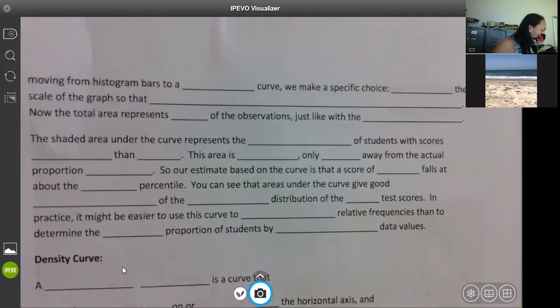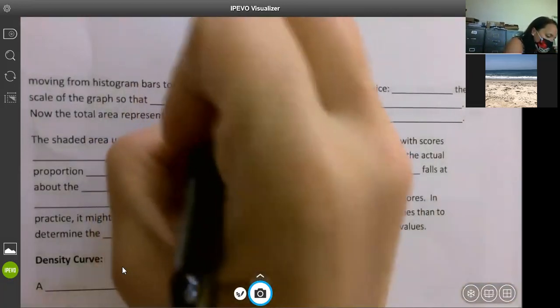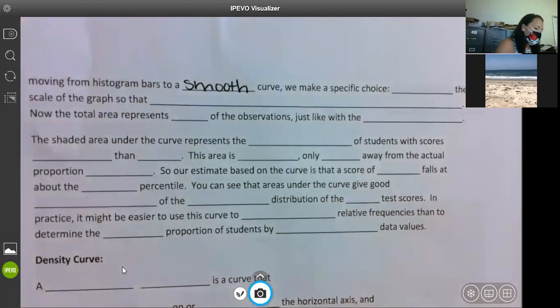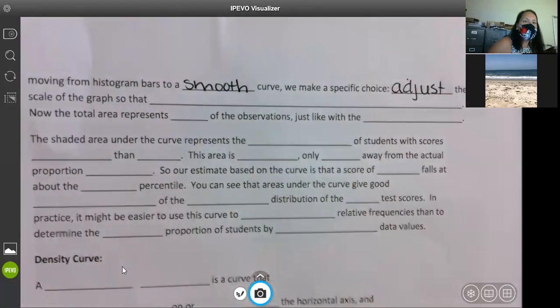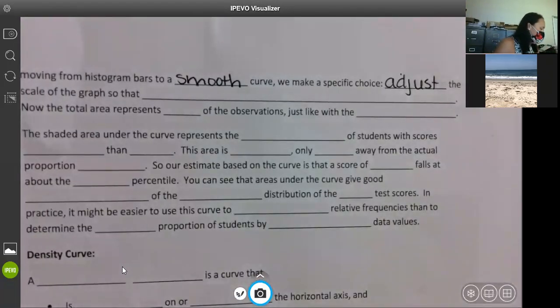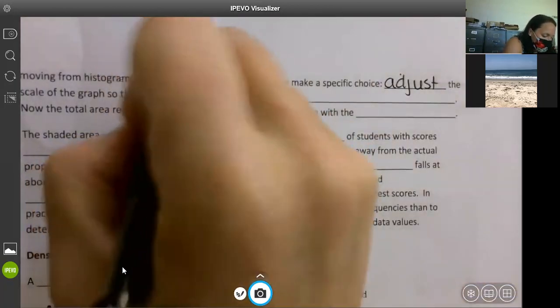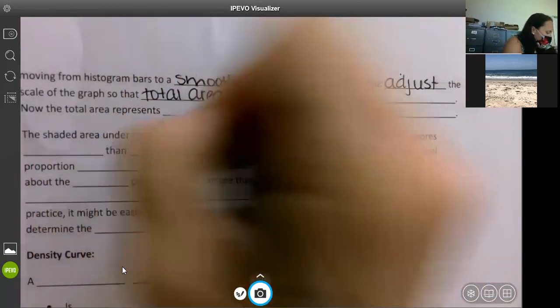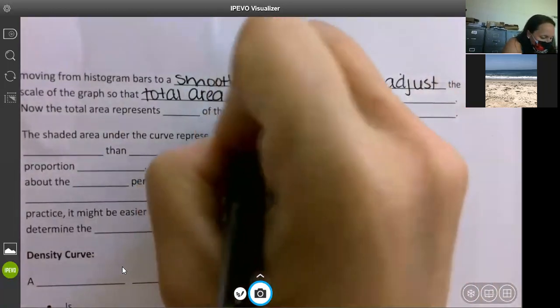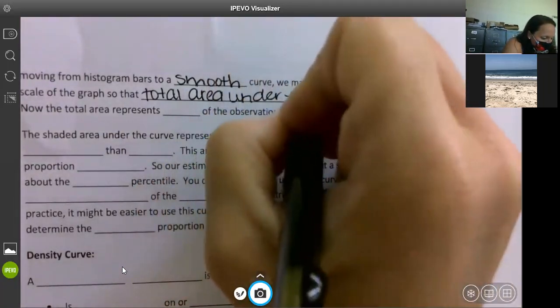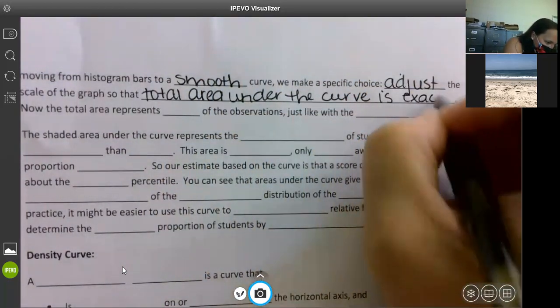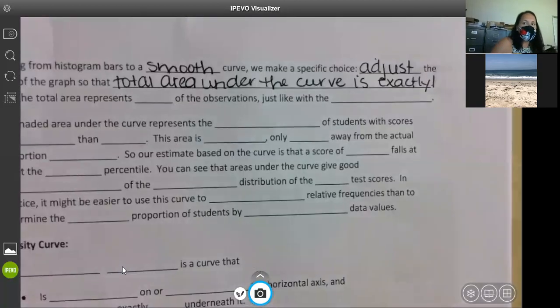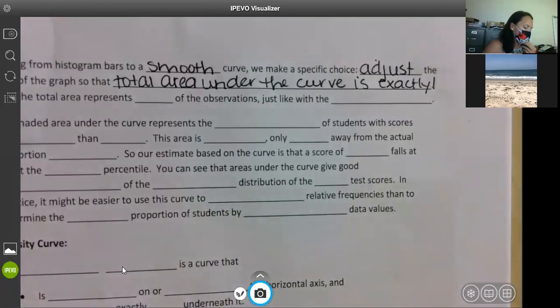And moving from histogram bars to a smooth curve, we make a specific choice. We adjust the scale of the graph so that the total area under the curve is exactly 1.